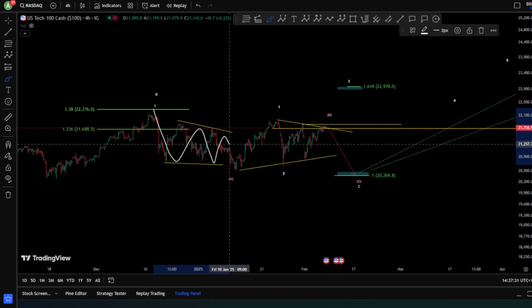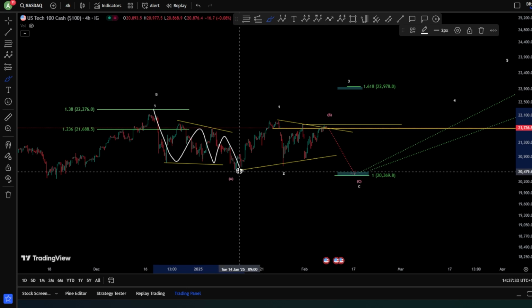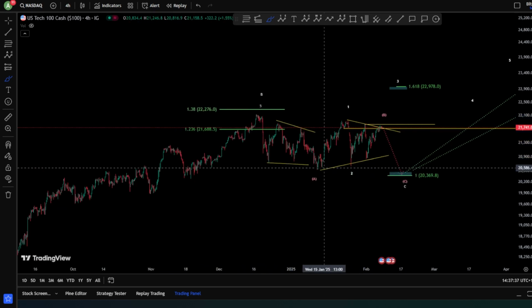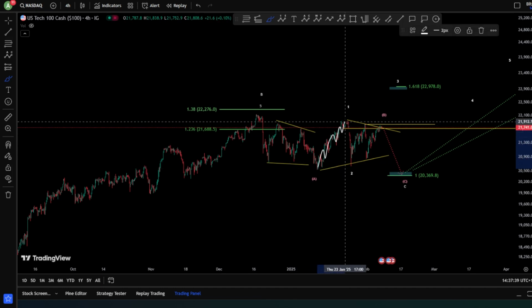However, if we have finished our correction here, which is also possible in your bullish scenario, you might face an impulse here.